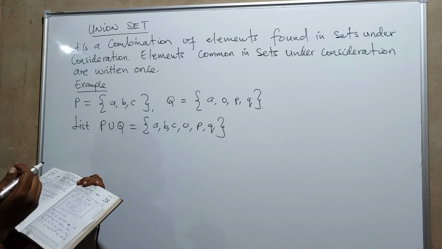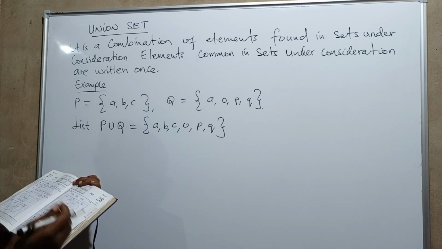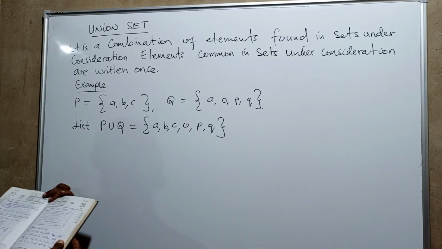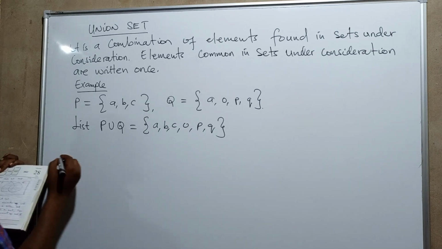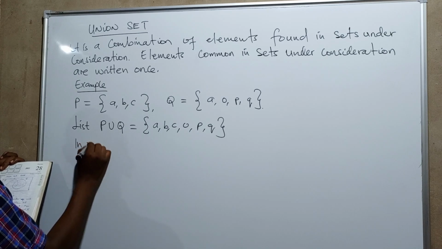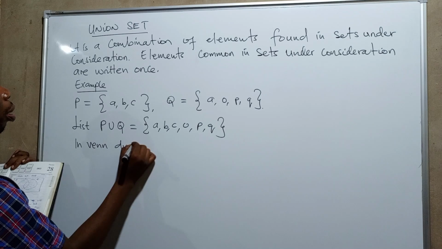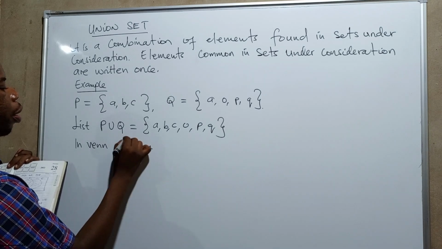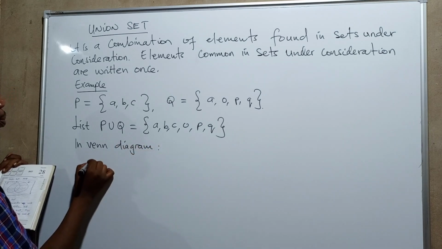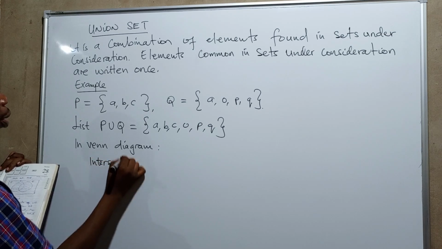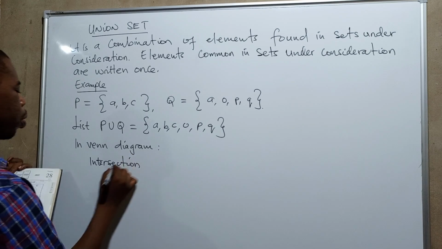In a Venn diagram, we represent it like this. I'll do intersection here first.